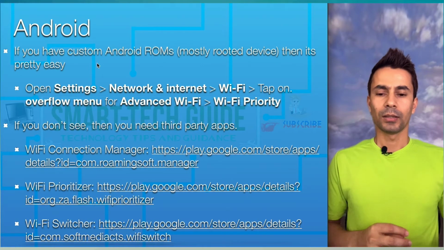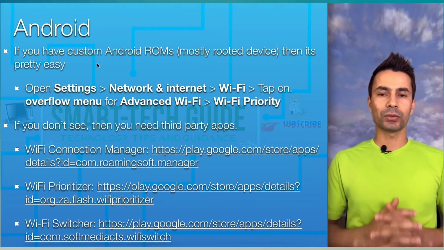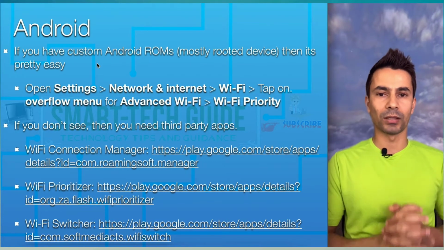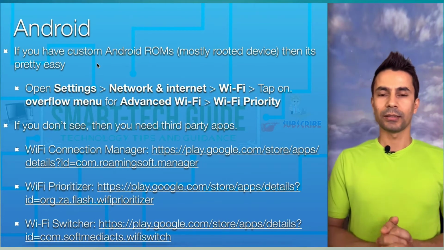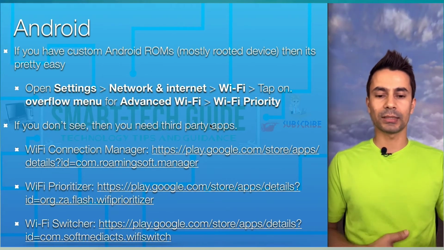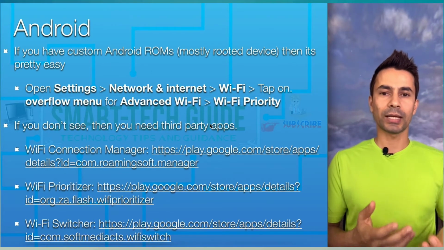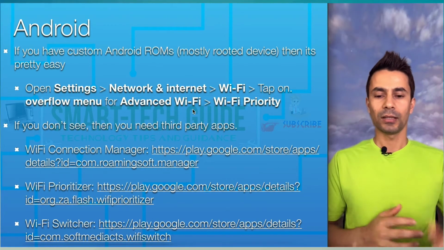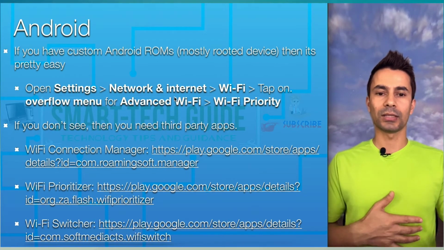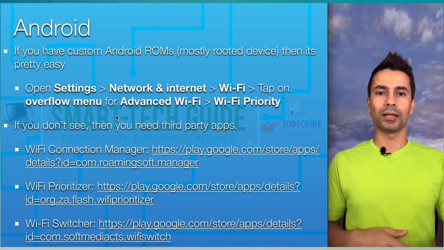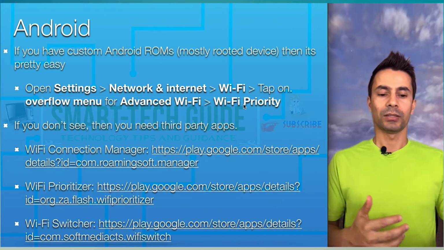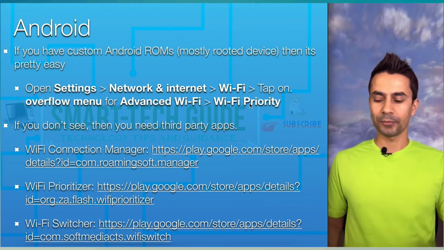If you have Android custom ROMs, that means if you have a rooted device, then it's pretty easy, because with a rooted device you will get extra features, one of which is Wi-Fi prioritization. For that, just navigate to Settings, Network and Internet, Wi-Fi, and from the Wi-Fi overflow menu, tap on Advanced Wi-Fi. You should be able to see Wi-Fi priority.